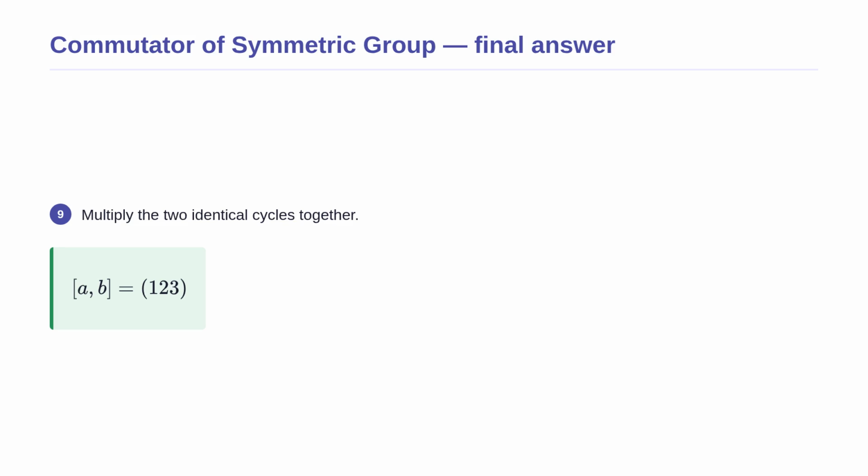This results in the reverse cycle, which is 1, 2, 3. This final result is not the identity element, which proves that our original two swaps did not commute. This specific cycle generates a subgroup of size 3, which is the alternating group A3. Therefore, the commutator subgroup of S3 is exactly A3, containing all the even permutations.